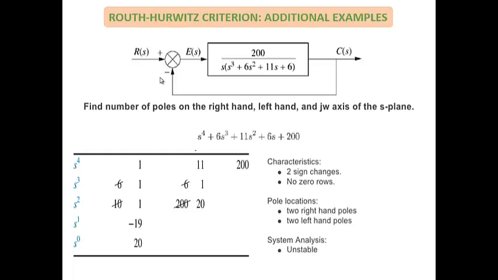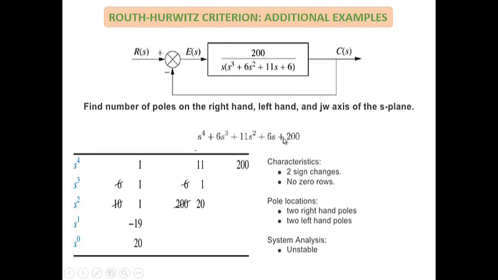Okay, so they have some additional example for the Routh-Hurwitz criterion. So the question is, find the numbers of poles on the right hand, left hand and j omega axis of the S-plane. So from here dia ada bagi you transfer function.